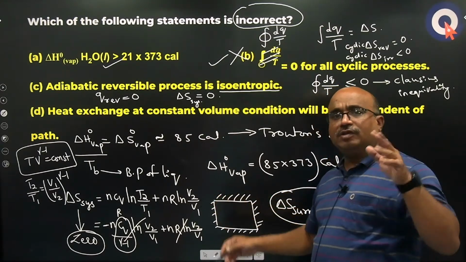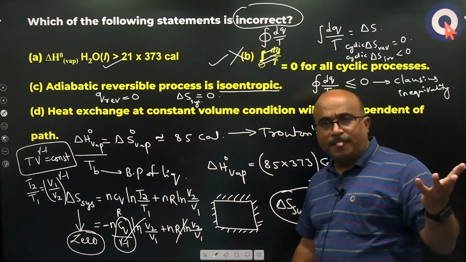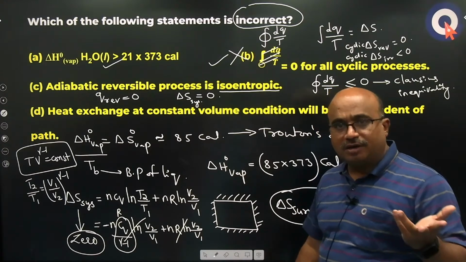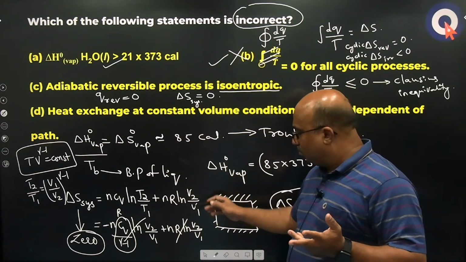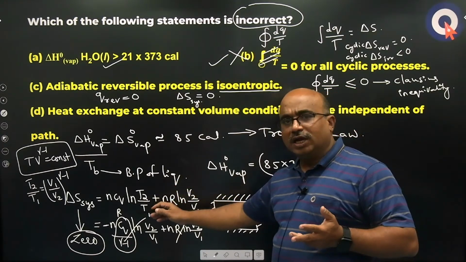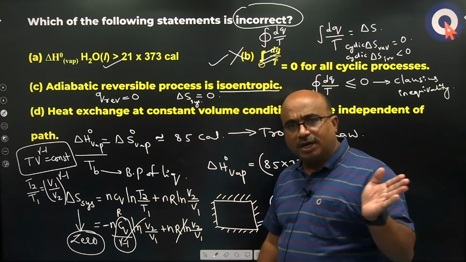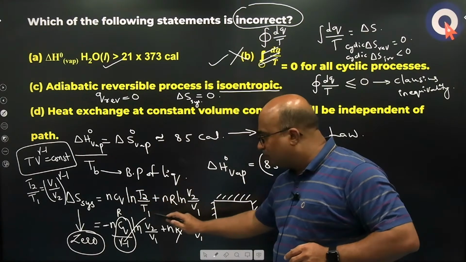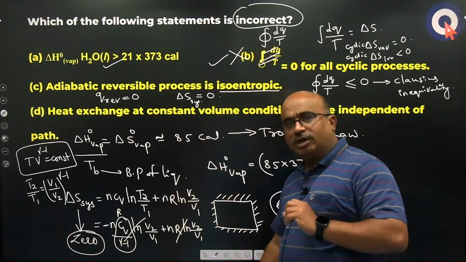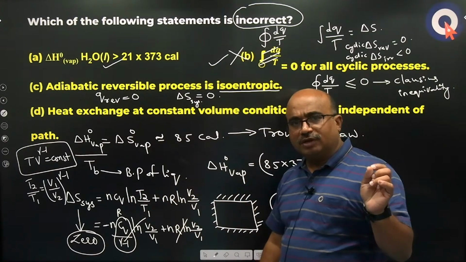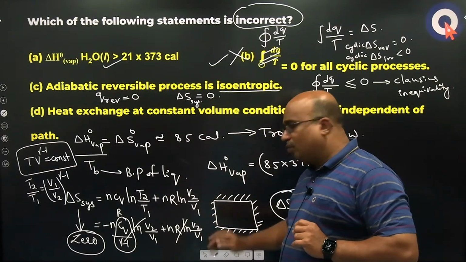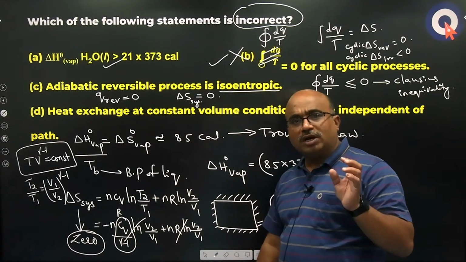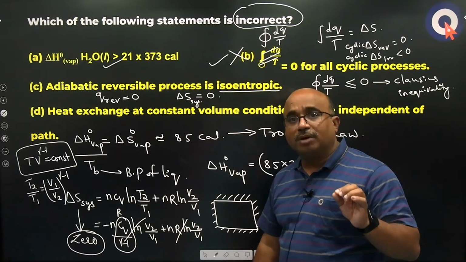Suppose an irreversible adiabatic expansion occurs: the increase in volume term will be positive, and there is a decrease in temperature during adiabatic expansion, so the T2 by T1 term is generally negative. So one term is positive and one is negative, and the total delta entropy of the system becomes positive.